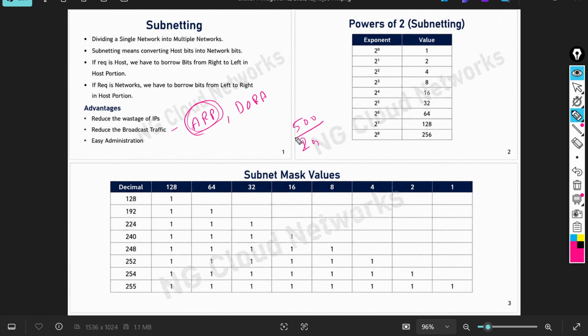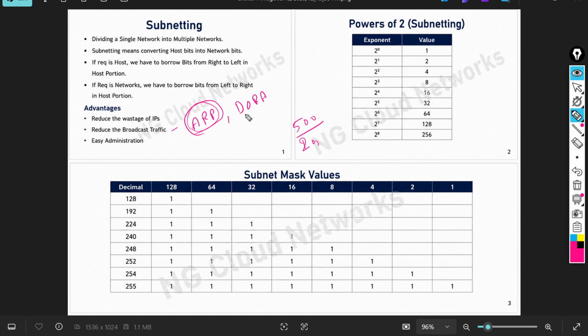This broadcast traffic consumes more CPU and memory in every system and reduces network performance. If your network is very small and limited, only those systems receive the broadcast traffic and it will not impact all other systems. This is also one advantage of subnetting.